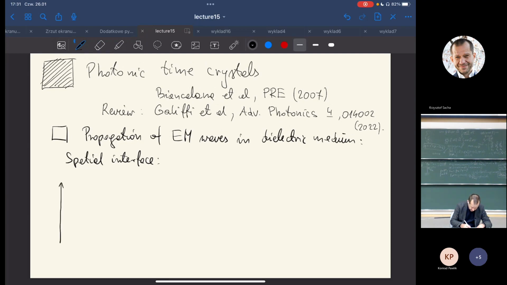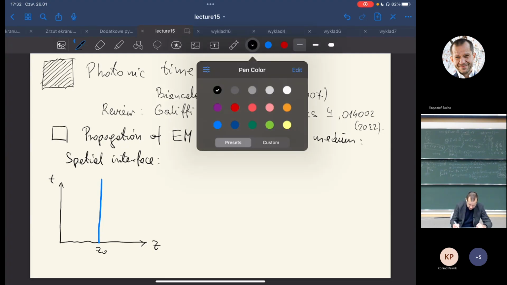Let us consider propagation in 1D. So basically, we are interested in the propagation of the wave along the z direction, and here we have time and the z axis. So now suppose that at a certain z we have a change of the dielectric constant.